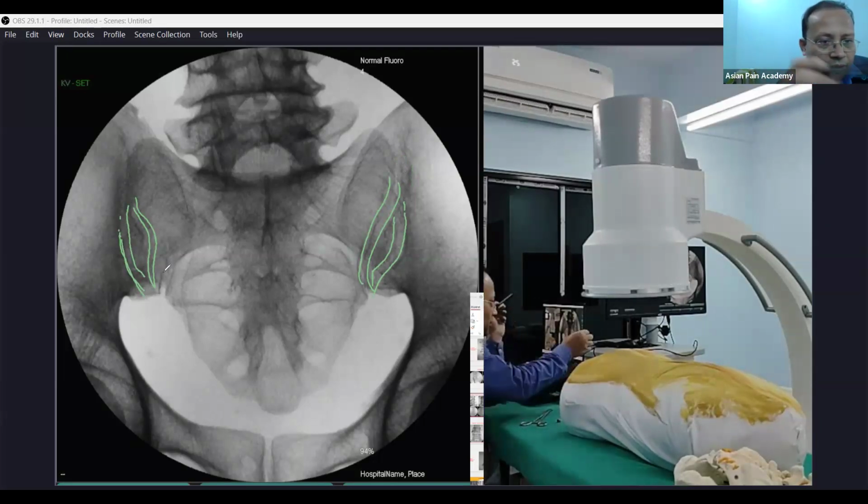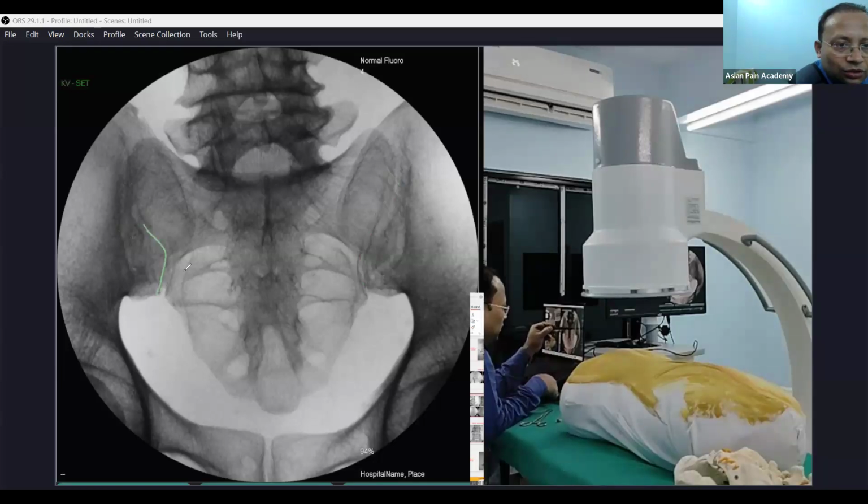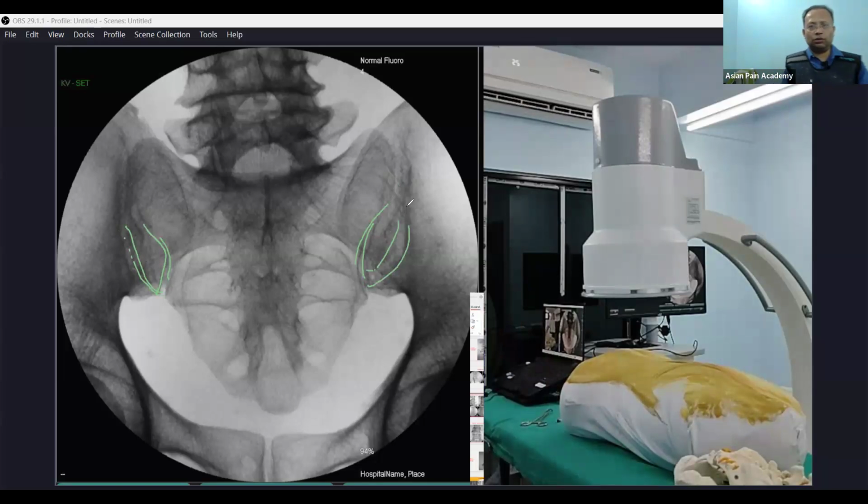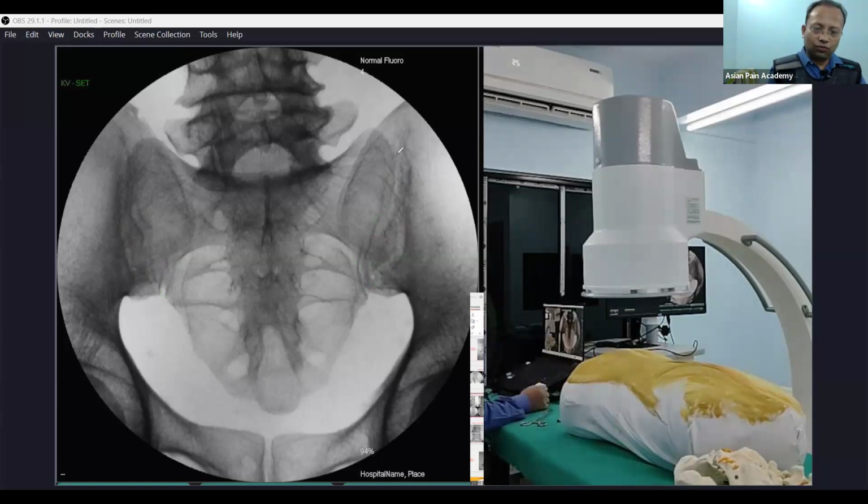Here it is clear. So only this small part is the joint, other part is not joint. So we have understood which part is joint and which part is hanging bone. Now we have to decide which one is the anterior joint line and which part is the posterior joint line.